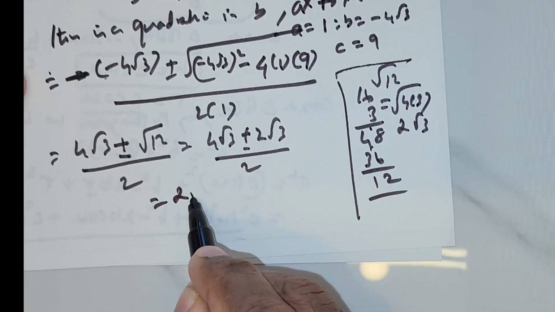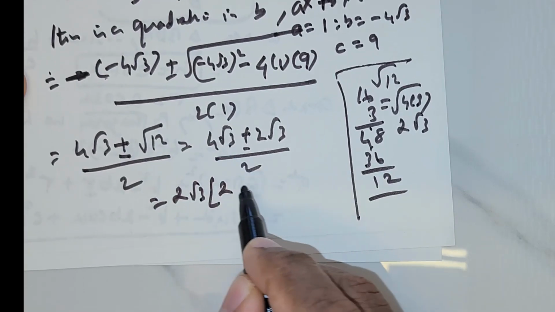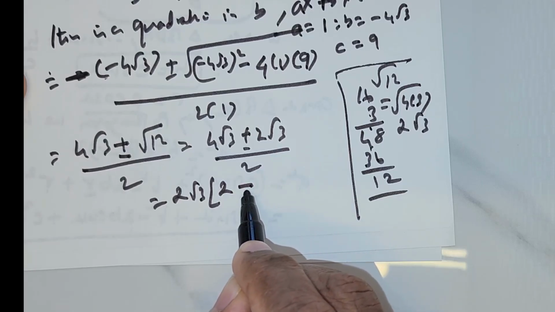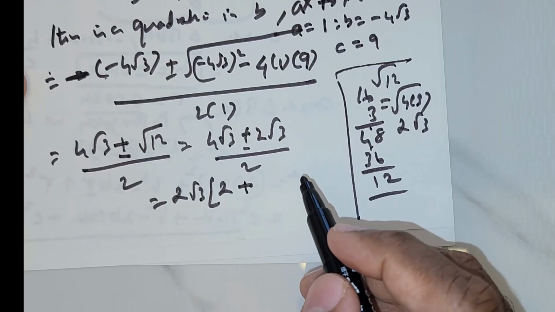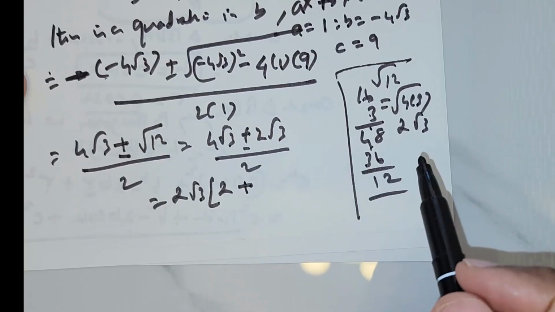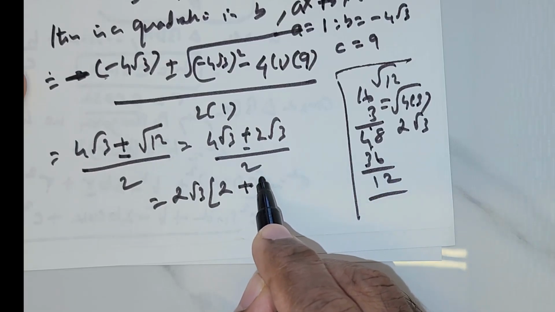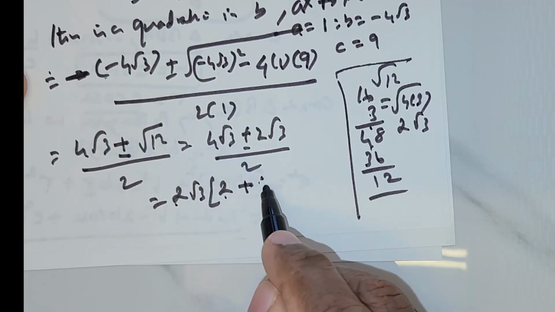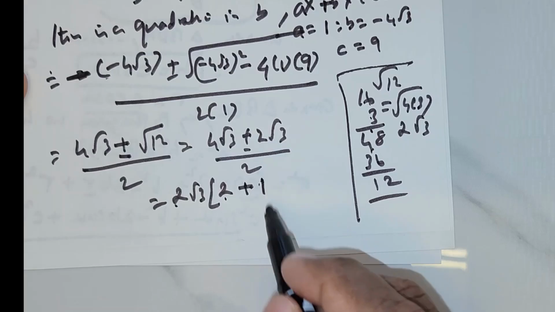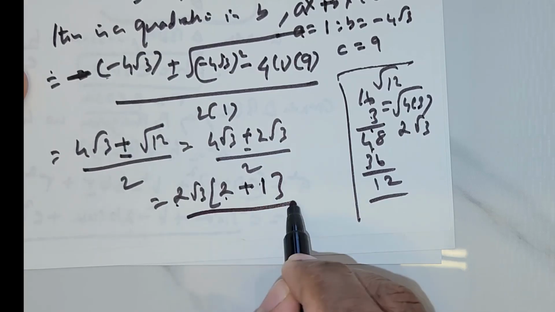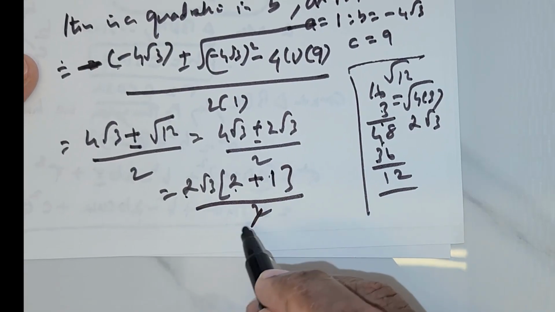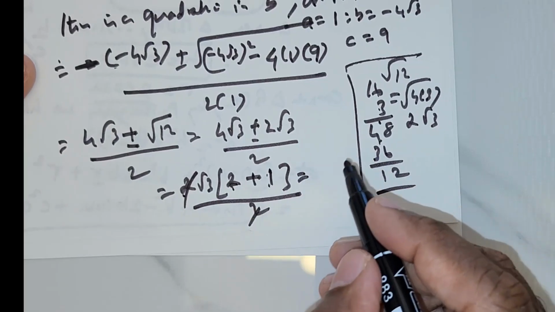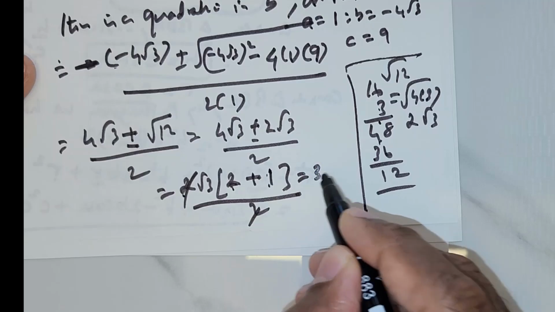So if I take 2 root 3 out, I would have a 2 here, plus 1 will be there. So 2 into 2 is 4, 4 root 3, plus 1 for this component, divided by 2. This is for the positive sign. So 2 and 2 get cancelled. 2 plus 1 will be giving me 3.